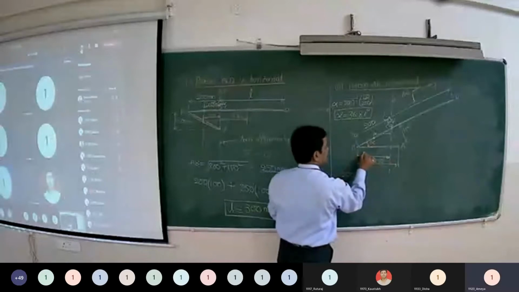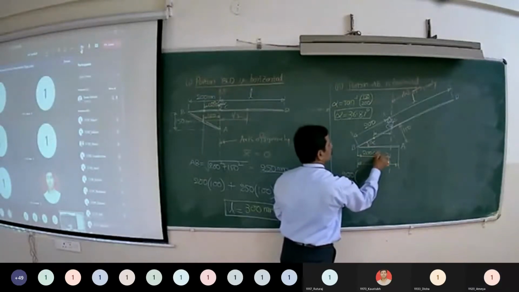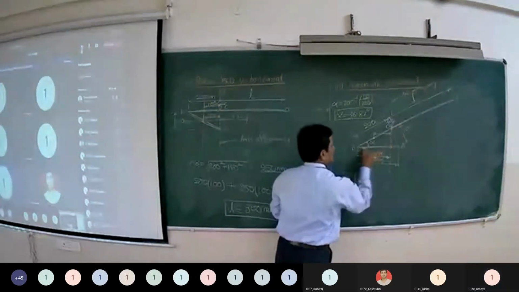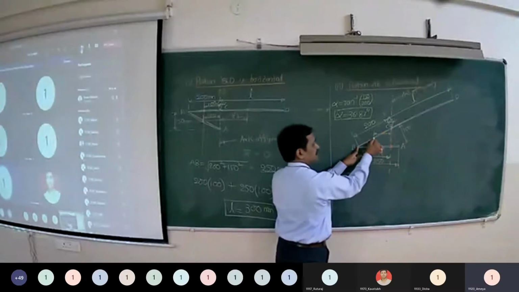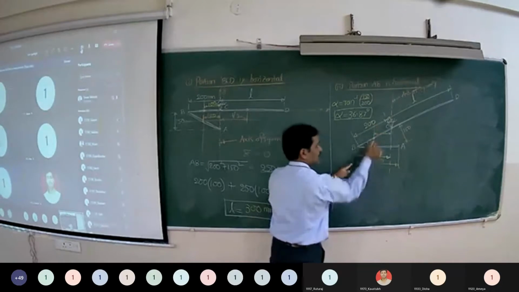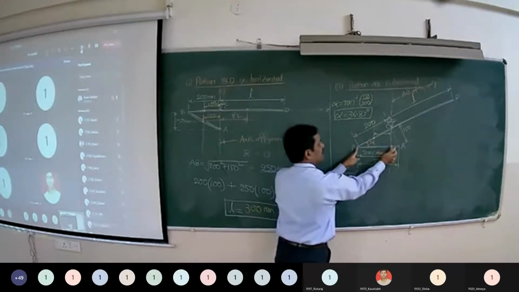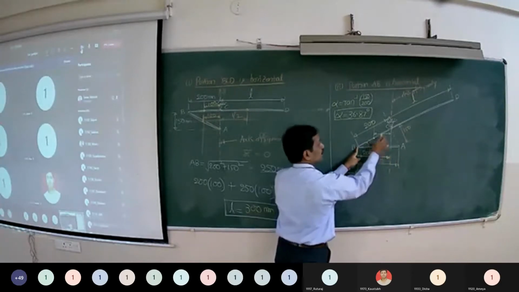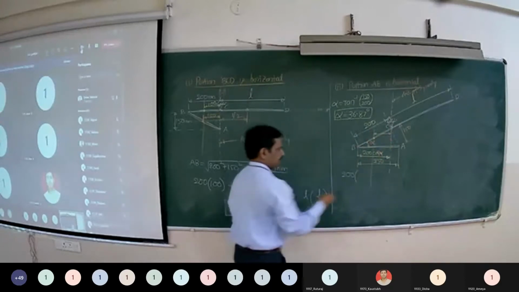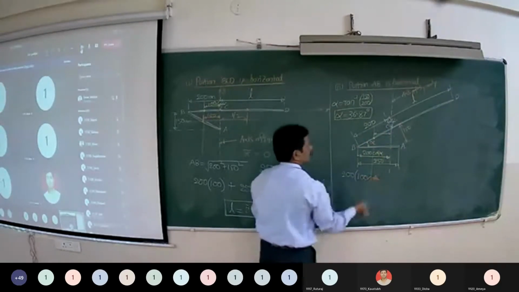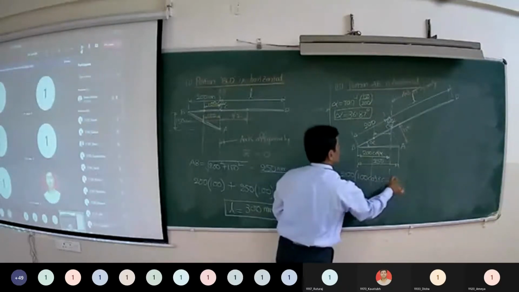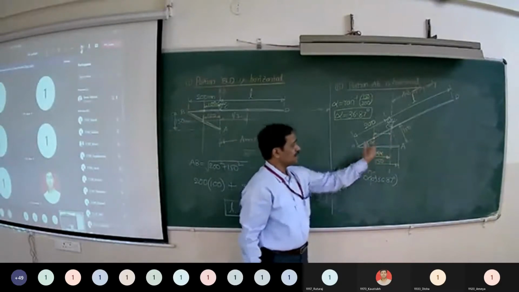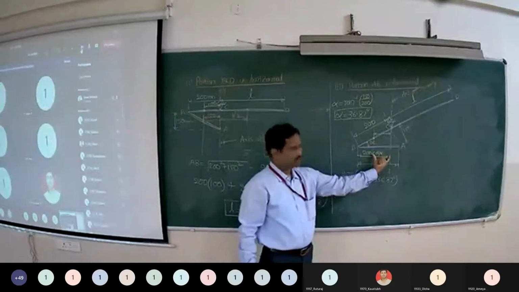So adjacent side is 200 cos alpha, right? Now if you draw a vertical line to the midpoint of the hypotenuse BC, that will divide this side into two equal parts. So that is 200 cos alpha divided by 2. That is our x distance. So it is 100 cos alpha, 36.87. Is it clear? So this total is 200 cos alpha, half of that, 100 cos alpha.